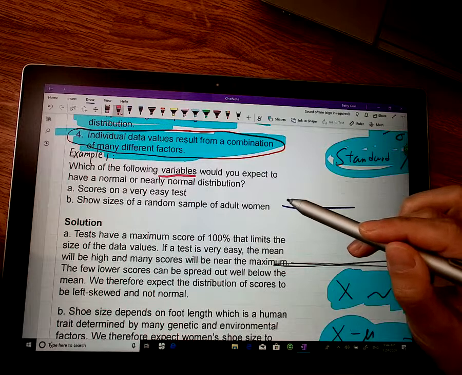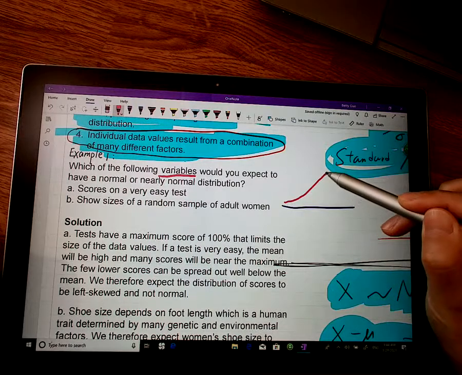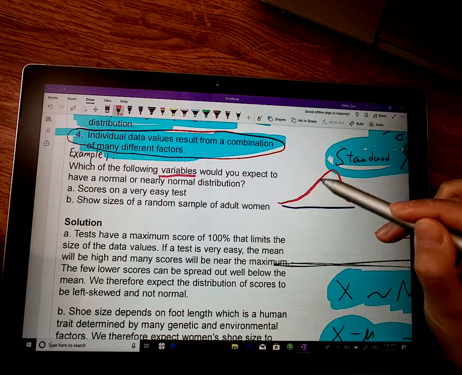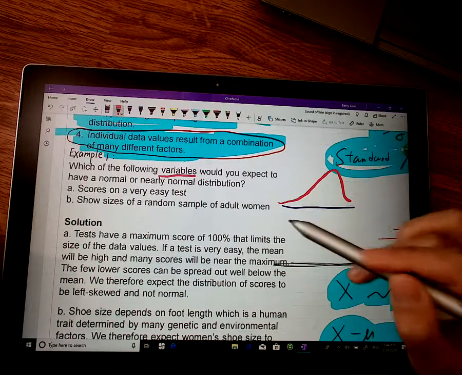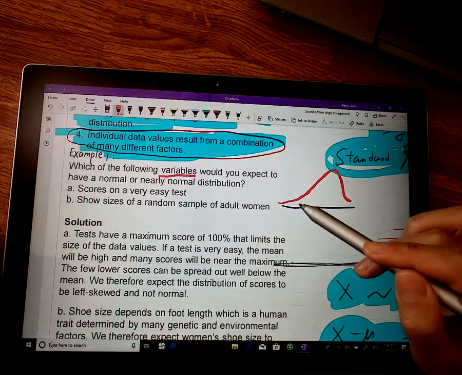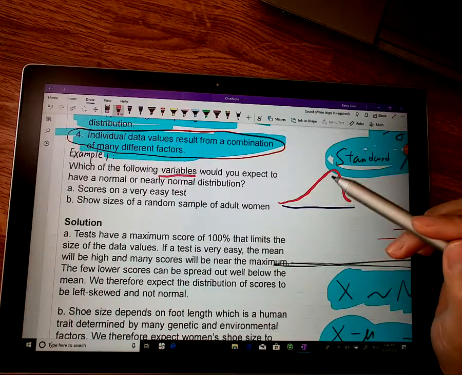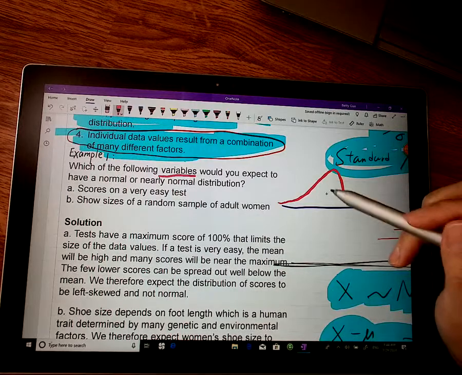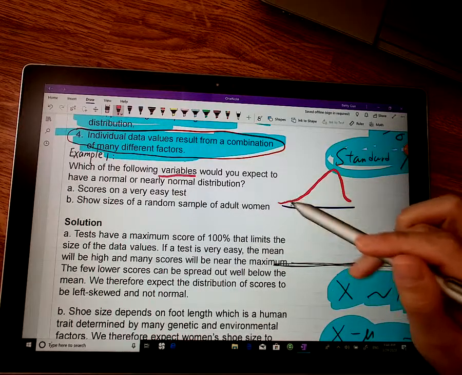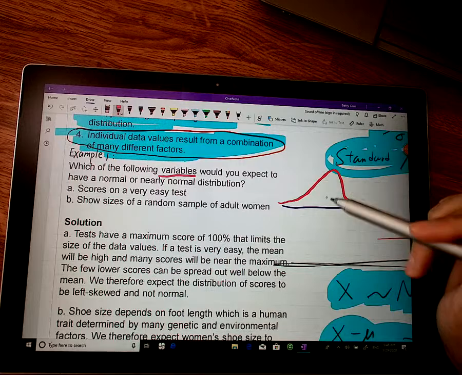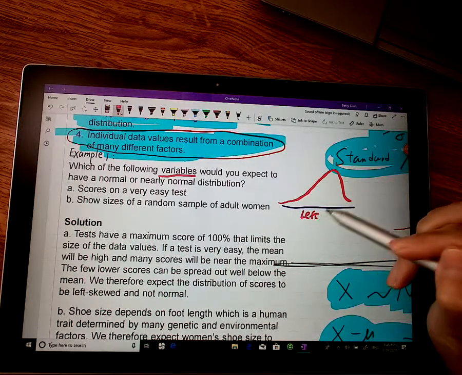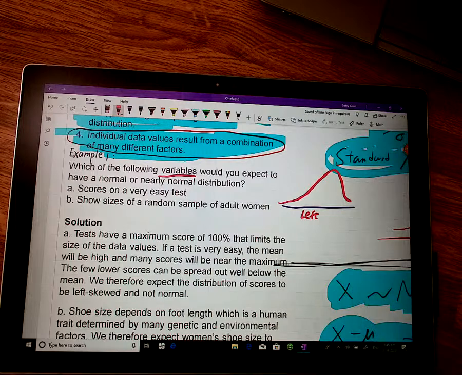So it's supposed to be skew to the left. I might have misspoken earlier. If the test is easy, most people got a higher score, right? Fewer people get a lower score. So that makes the distribution skew to the left. Skew to the left for an easy test.